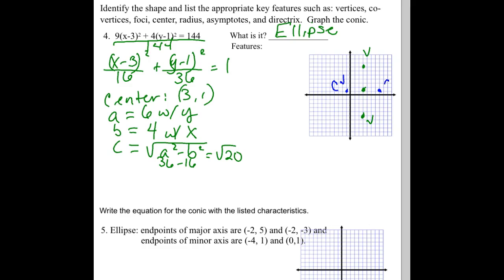Those are my covertices. And that's really enough to draw my ellipse shape, right? We just want to connect those dots. Okay. We should put foci in there though. Square root of 20 is about what? Between which two numbers? Between 4 and 5, so we'll go about 4.5 from the center in the same direction as the vertices.